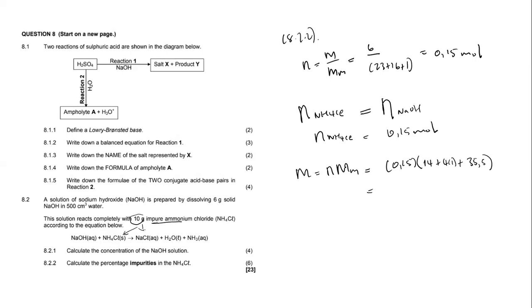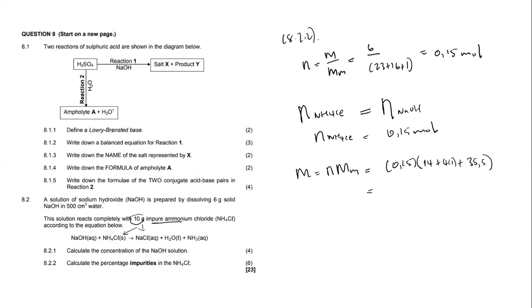So now let us do the calculations. You're going to say 0.15, open bracket, 14 plus 4, because 4 multiplied by 1 is 4, plus 35.5.